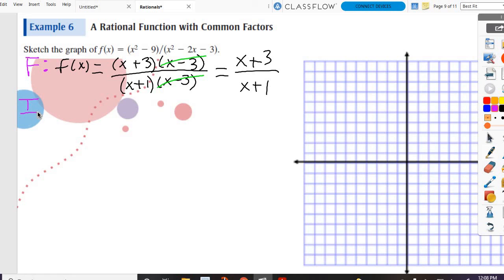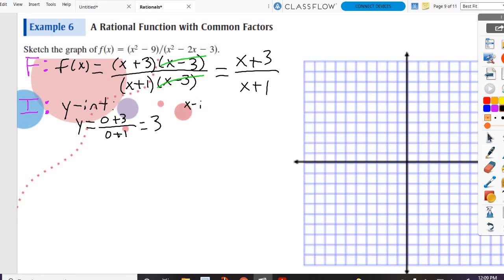Your intercepts. So what do we want to do to find our y-intercepts? Plug in 0 for x, right? So we have y equals 0 plus 3 divided by 0 plus 1, which is just 3.